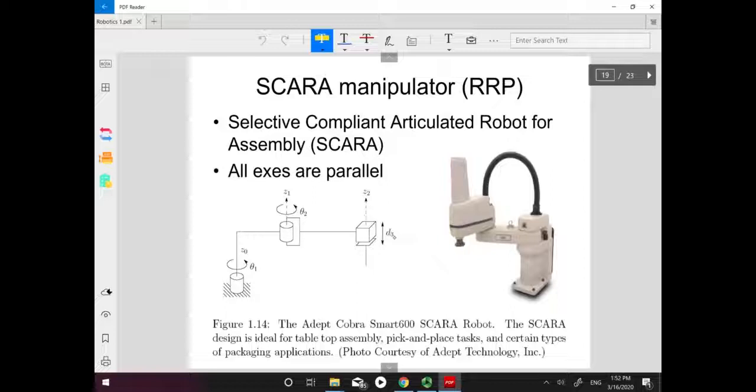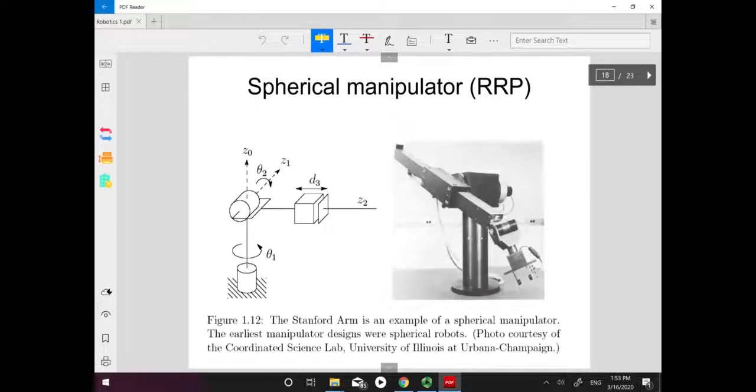prismatic joint. And for the last manipulator, it can achieve the motion only in this direction. So for this manipulator, it is also called RRP because there are two revolute joints and one prismatic joint, but it's a little bit different from this spherical manipulator.